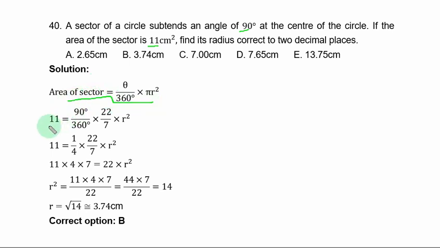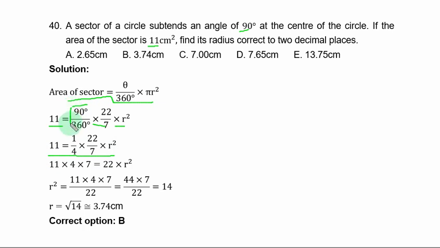The area is 11. The angle subtended at the center is 90 degrees over total angles 360 times pi 22/7 times radius, that is r squared. R is unknown. You simplify to this form. If you reduce this, you have 1/4.